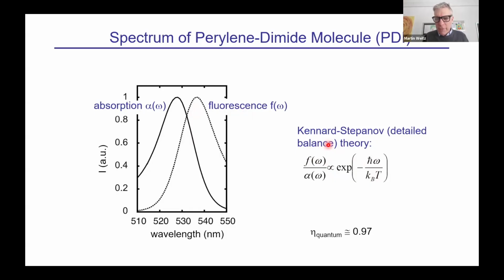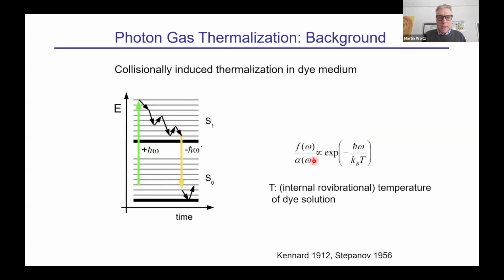And now, if that is fulfilled, it makes sense that the photons acquire a thermalized state. This makes physical sense, and one can also show it because the asymptotic state turns out to be a Bose-Einstein distribution. But what's the background of that relation? Well, this is my simple model of a dye molecule with an electronic ground state and an electronically excited state. And on top of that, all these rovibrational states. Now it turns out that every 10 to the minus 14 seconds or so, a solvent molecule collides with a dye.